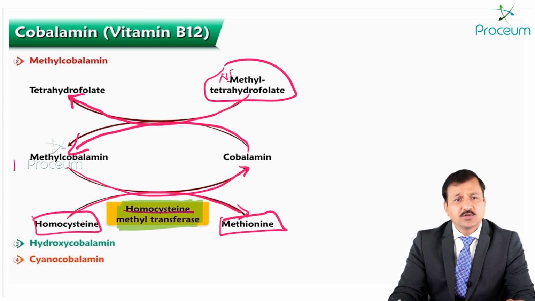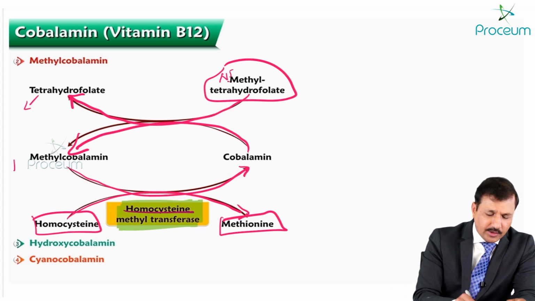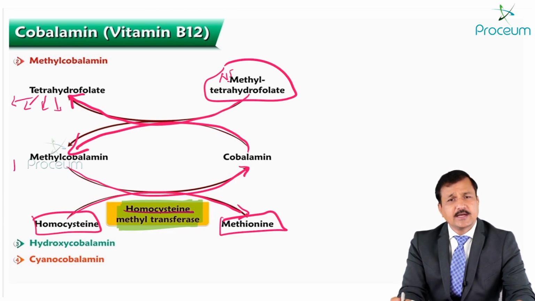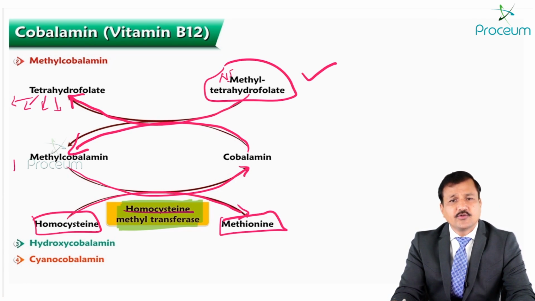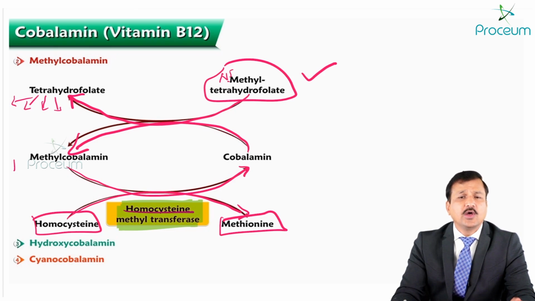So, what happens to the tetrahydrofolate now? This tetrahydrofolate can go into a variety of tetrahydrofolate formations. Meaning, this is the only reaction in our body where N5-methyl tetrahydrofolate is converted back into tetrahydrofolate so that it can get into a variety of tetrahydrofolate derivatives.